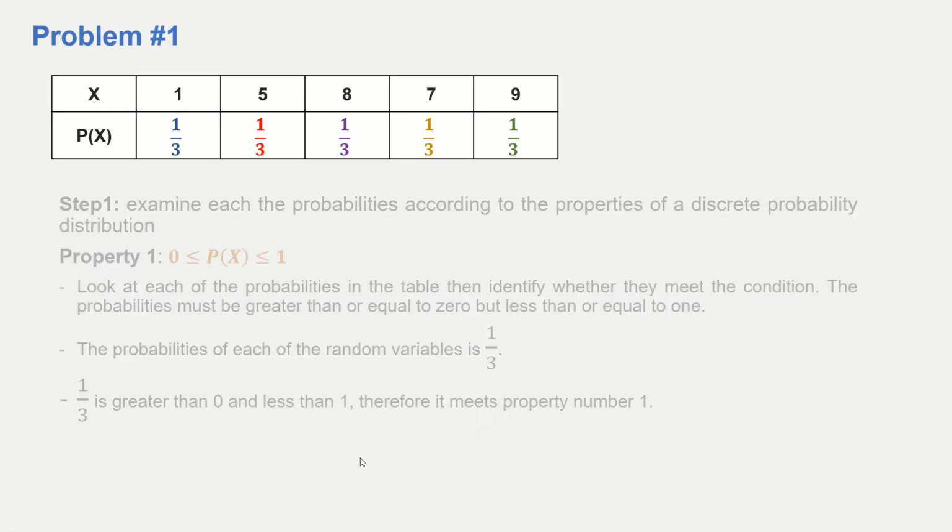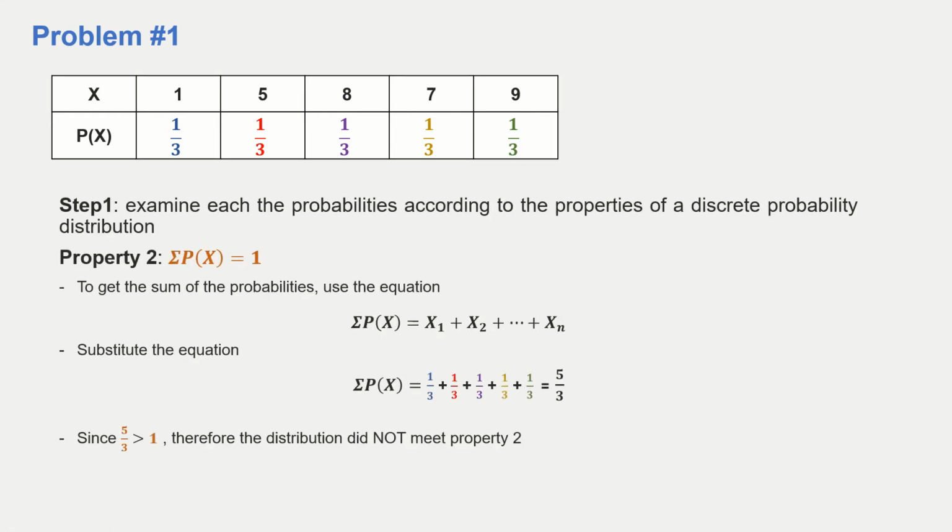Second, we need to examine it according to property number 2. Property number 2 states that the summation of the probabilities must be equal to 1. If we look at the sum, 1/3 plus 1/3 plus 1/3 plus 1/3 plus 1/3, the answer will be 5/3 or 1 and 2/3.